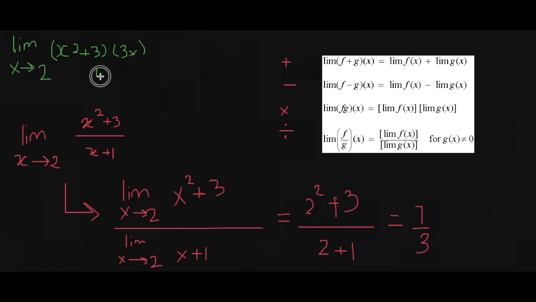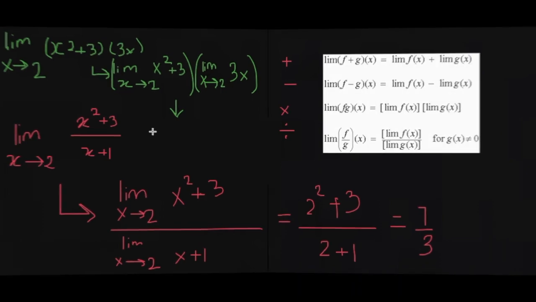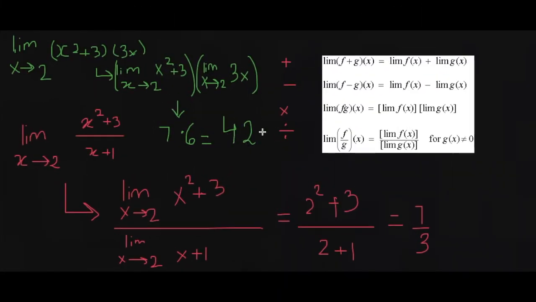Now, rather than having to expand this entire equation, all we have to do is take the limit as x approaches 2 of x squared plus 3 and multiply it by the limit as x approaches 2 of 3x. So let's sub in 2 everywhere there's an x, which gives us 42 as our answer. And that's how you apply limit rules.